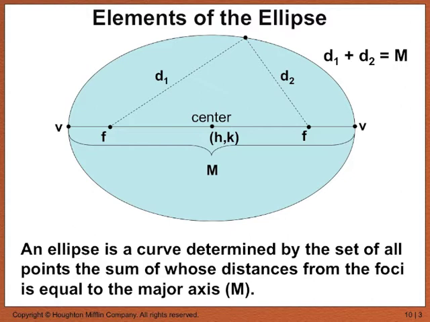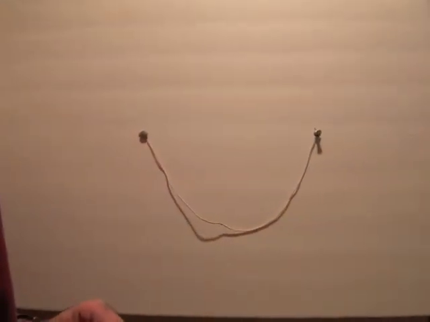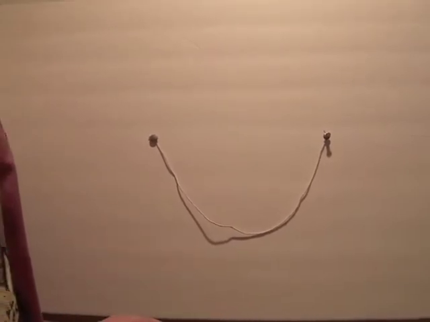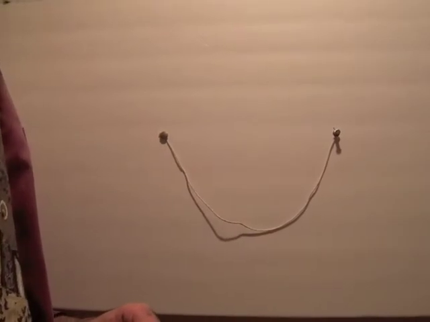In the next screen we're going to look at a demonstration of how d1 plus d2 equals m and how ellipses are traced. This is just to illustrate how d1 plus d2 equals m, which is what we talked about on the last slides.